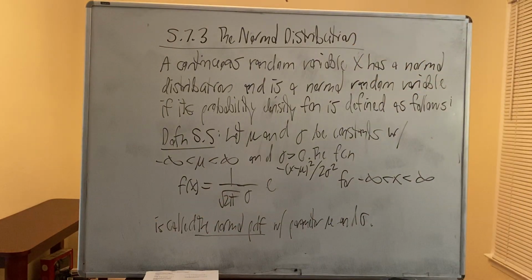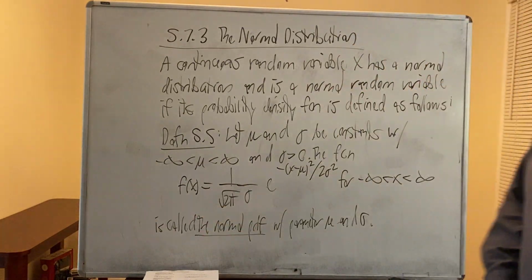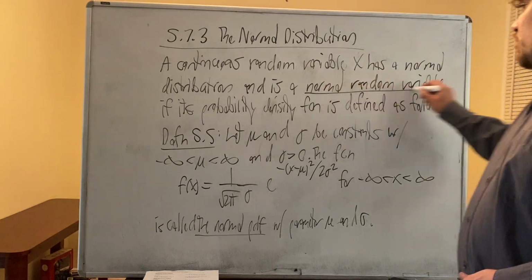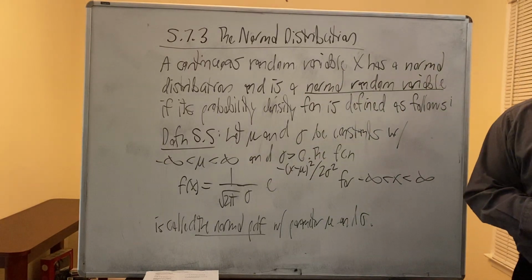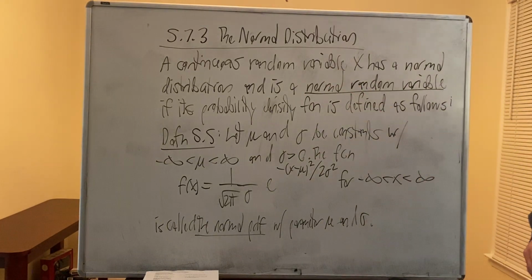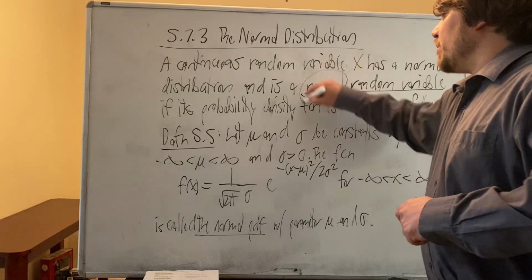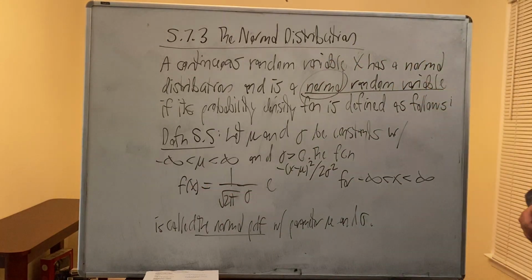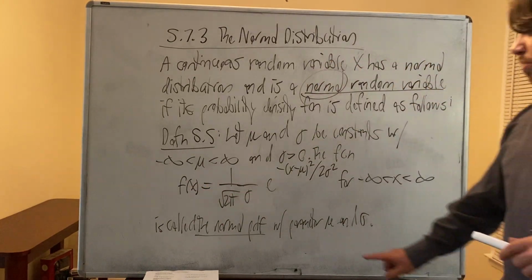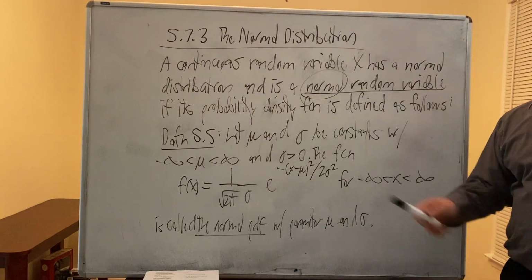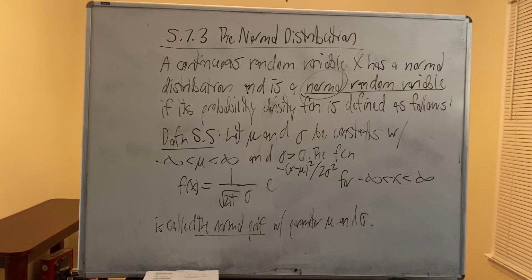If you have a continuous random variable x with that PDF, then you can say it's a normal random variable. Mu and sigma determine the exact PDF.